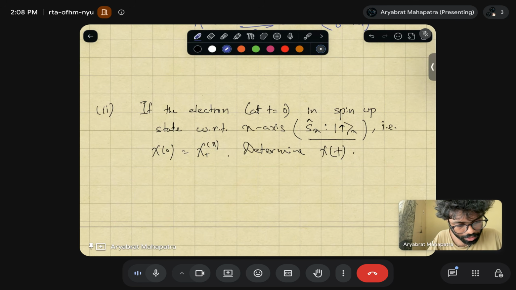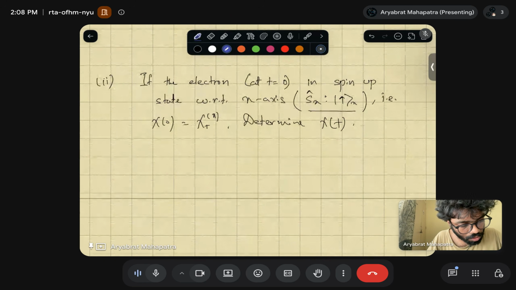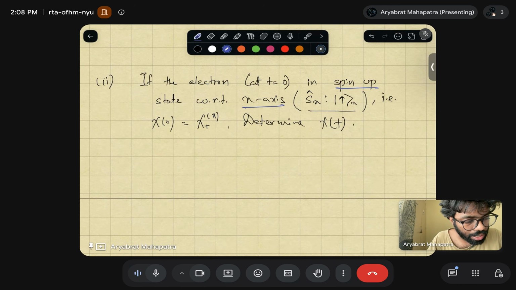Next, here it is said that at t equals 0 your electron had spin up state, but remember this time spin up state is with respect to the x-axis, the x component of the spin. So you have this spin operator for the spin half state, which is 0 1 1 0.